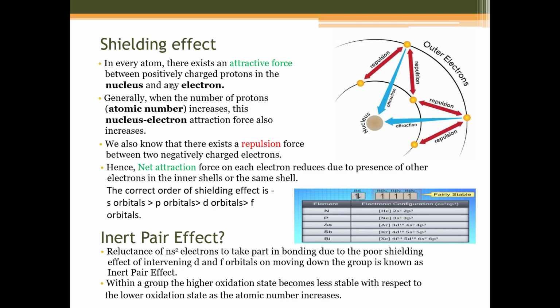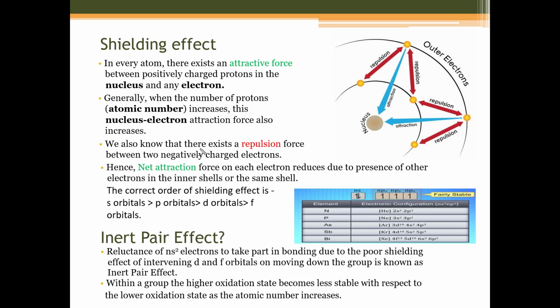Now, before we study the chemical properties of group 15 elements, let us try to understand what is shielding effect and inert pair effect. In every atom, there exists an attractive force between positively charged protons in the nucleus and any electron. That means, in an atom, if the number of protons and electrons increases, this nucleus electron attraction force also increases.